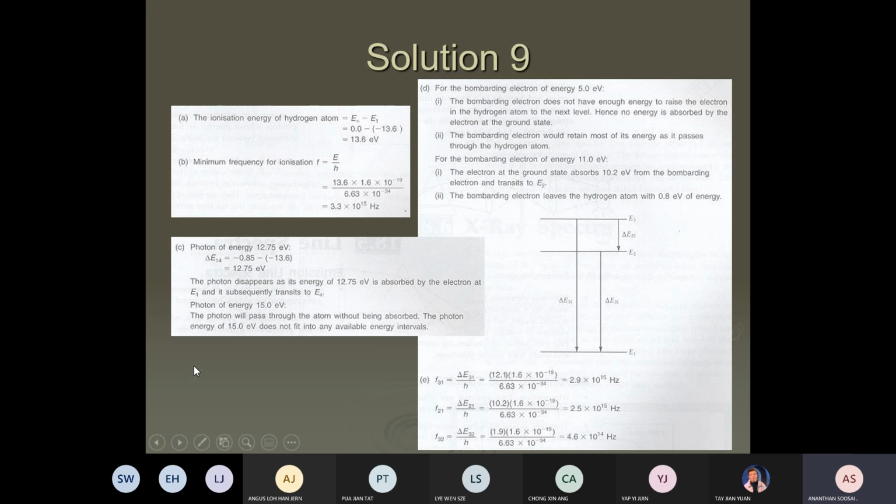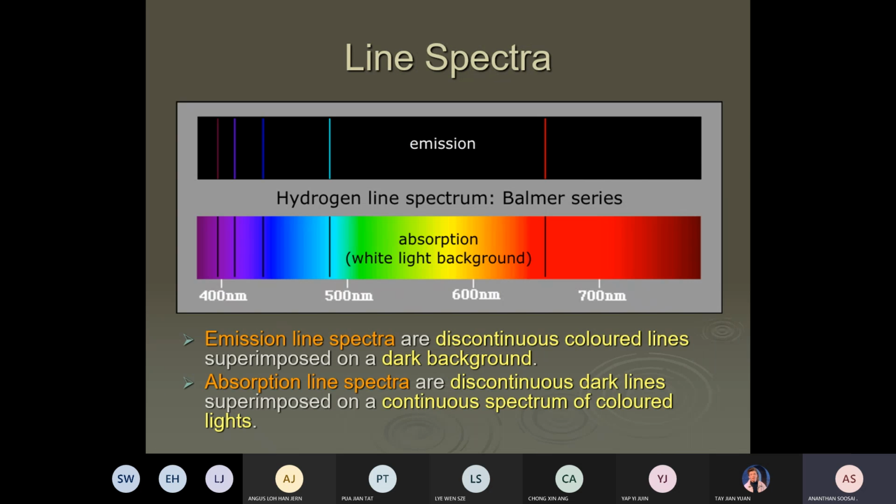The proof, as I told you, is line spectra. What is this? Line spectra can prove the energy levels. These line spectra are actually the wavelengths obtained from the emission spectrum and absorption spectrum.